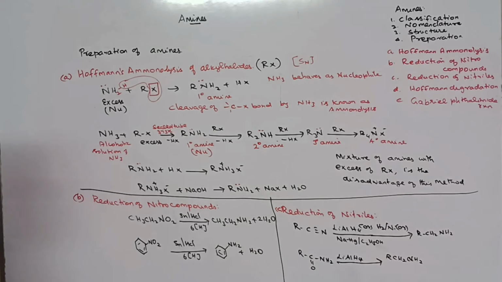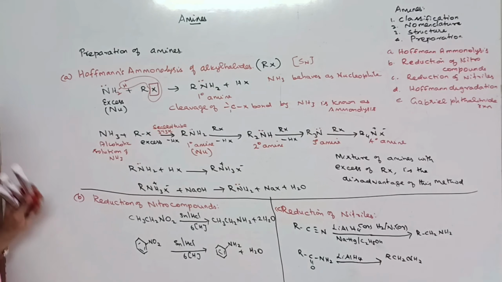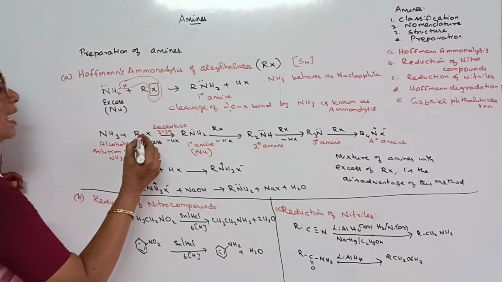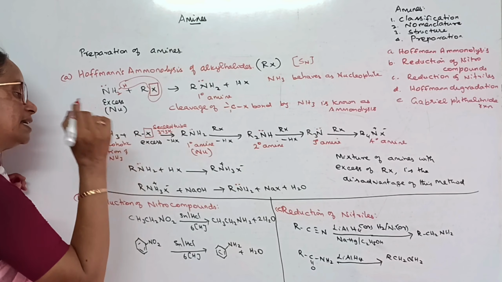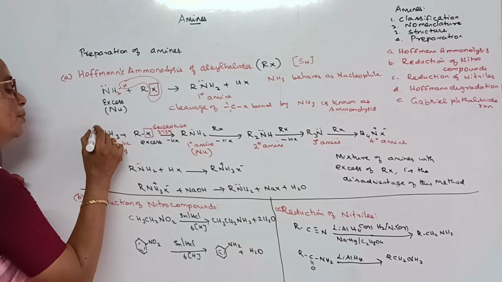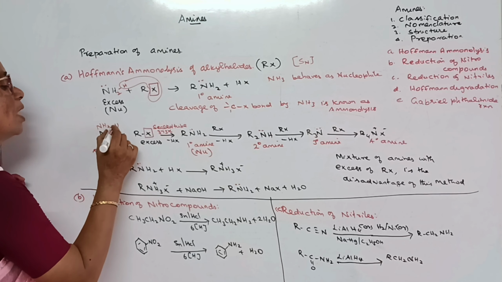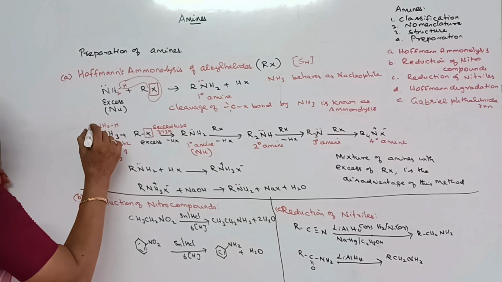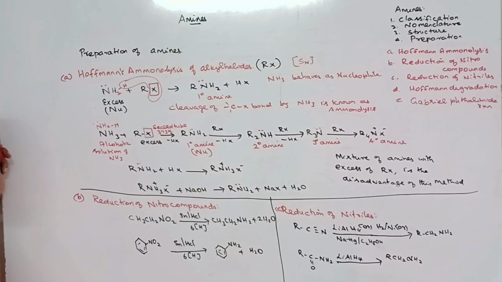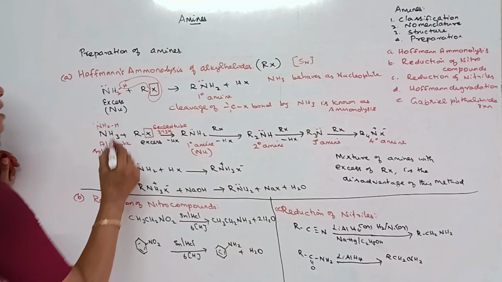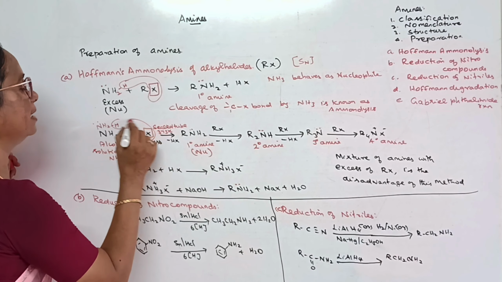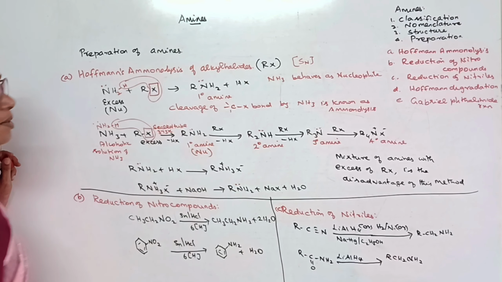But in the case of excess alkyl halide, the halogen atom is once again substituted by the amino group of ammonia. I can write NH2H, where NH2 behaves as the nucleophile, and the hydrogen halide is removed. So we get the primary amine.